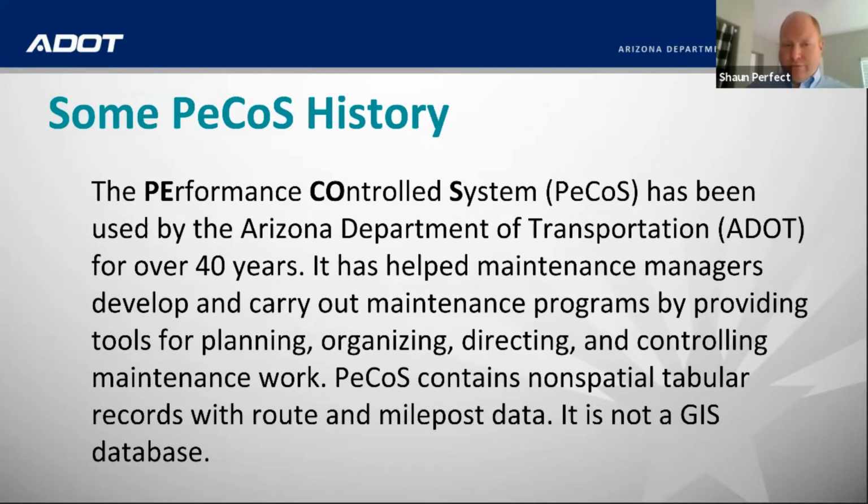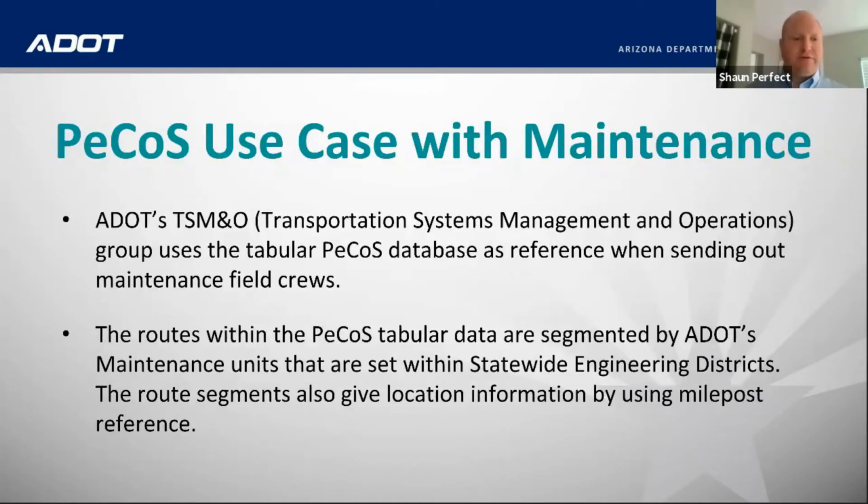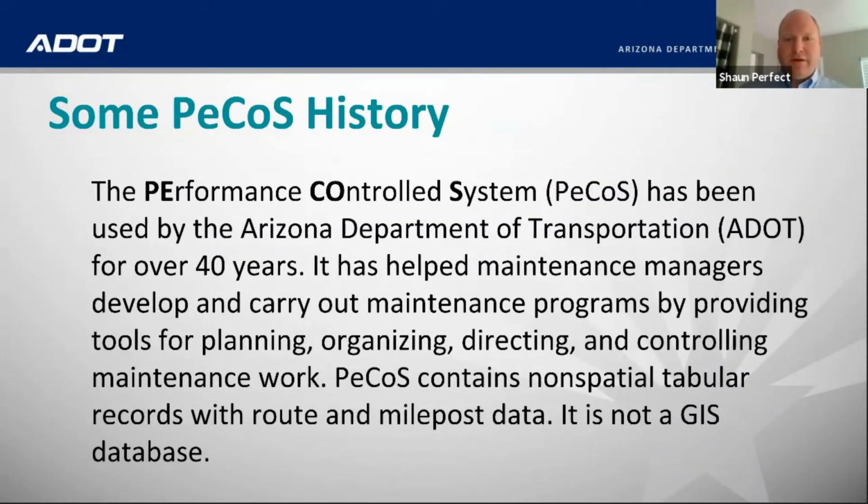The main thing we want to say is that PeCoS only contains tabular data. It isn't GIS enabled, and that is the main basis of why we wanted to do this project: to get it in the GIS so that we can use it within mapping and relate it to our other data.